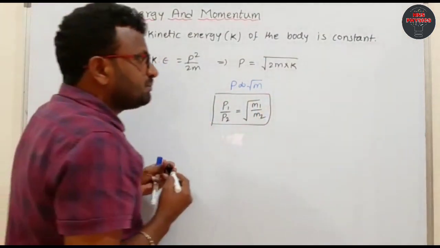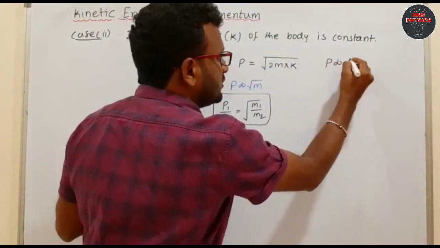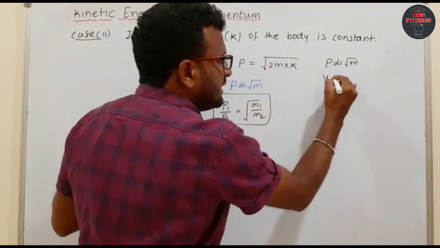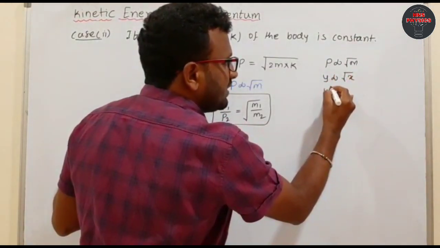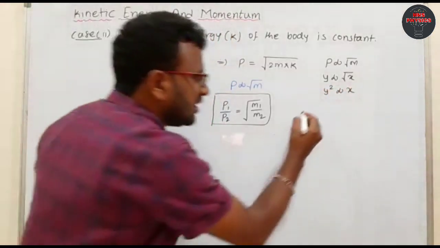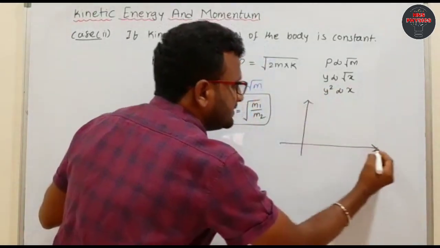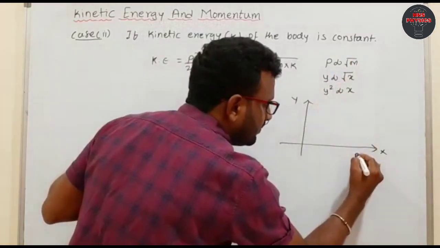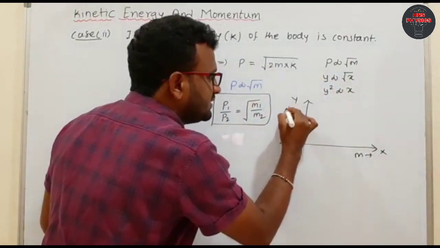If you see the graph between these two, here P is directly proportional to root m, that means y is directly proportional to root x, or y square is directly proportional to x. If you see the graph, this is the x-axis and y-axis. On x-axis I have taken mass and on y-axis momentum, right?